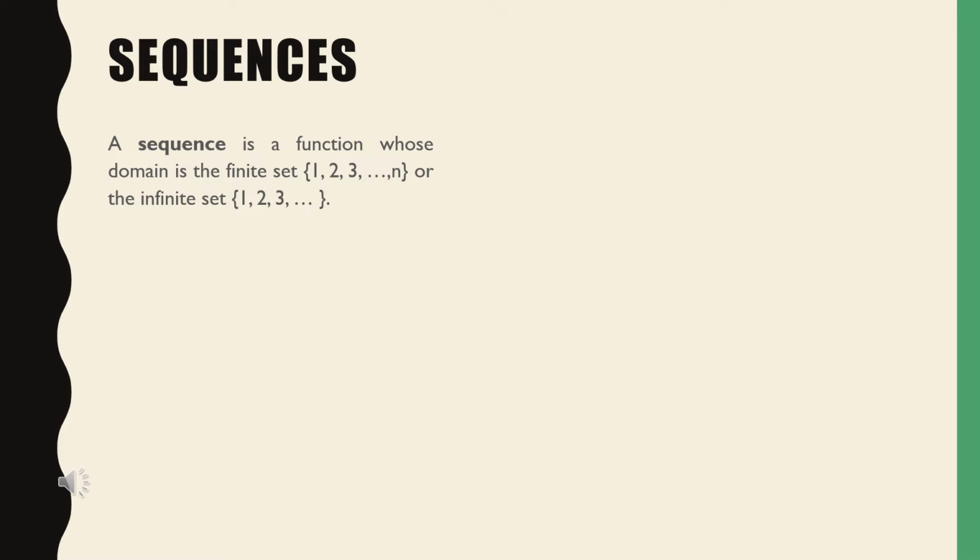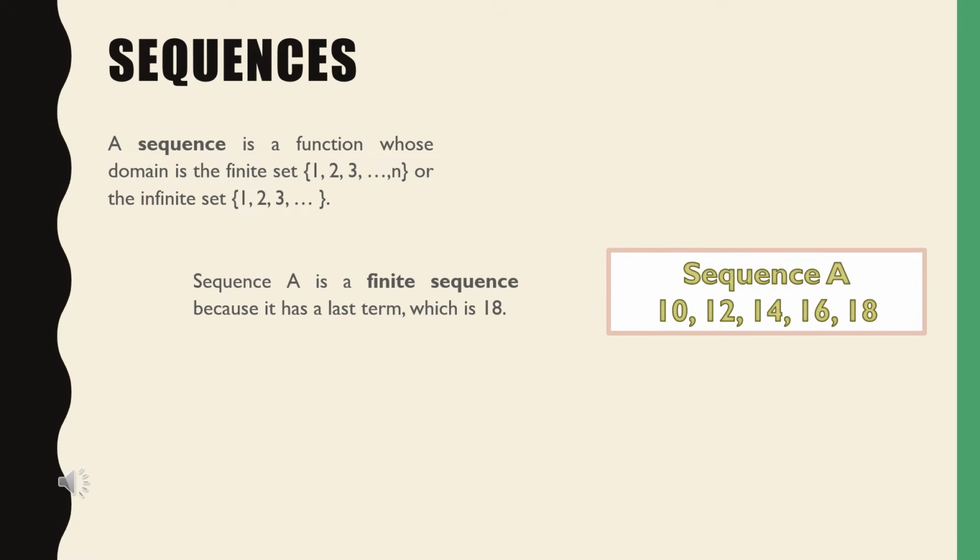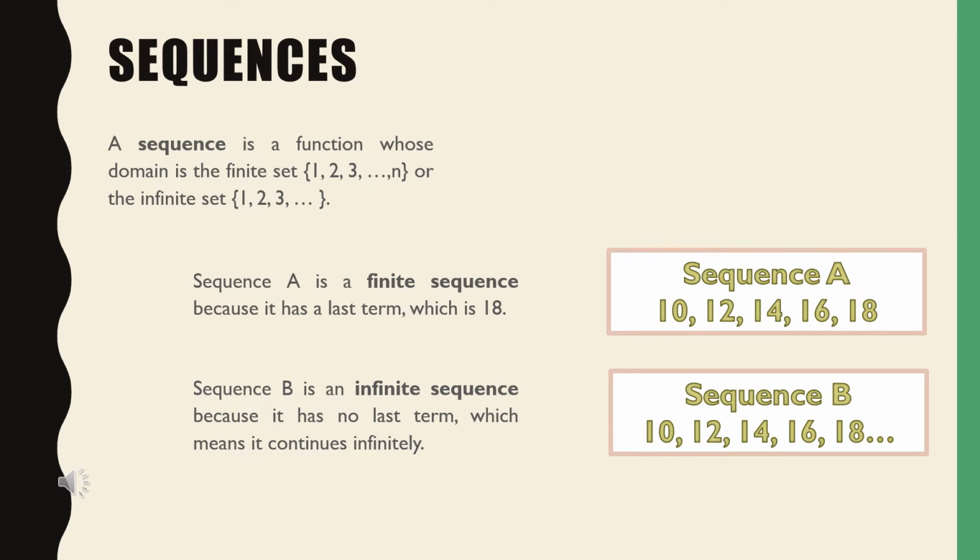For instance, we have sequence A versus sequence B. Sequence A consists of the elements 10, 12, 14, 16, and 18. That is a finite sequence since it has a last term, which is 18. Meanwhile, sequence B contains the same set of numbers 10, 12, 14, 16, and 18, but with three dots right after 18.